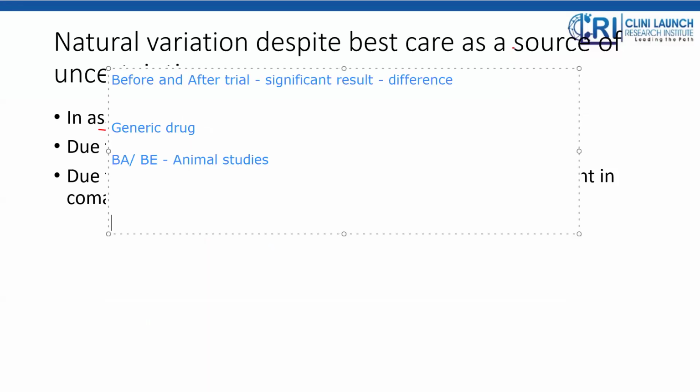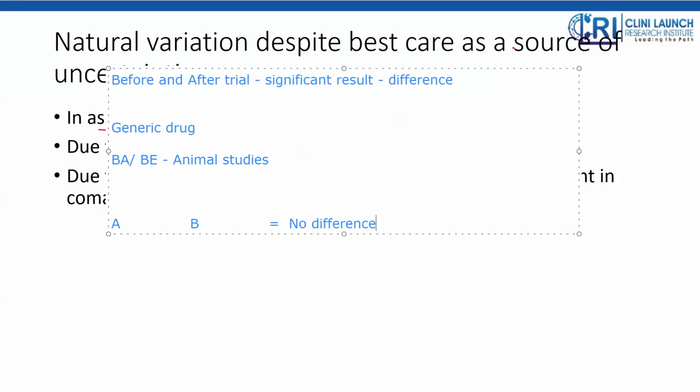I am comparing a drug A and a drug B. Now, what is a generic drug? Generic drug means both the drugs should show equivalence, therapeutic equivalence. Bioavailability also should be same, bioequivalence also should be same. So in this kind of statistical result, what is my objective? I should get no difference.